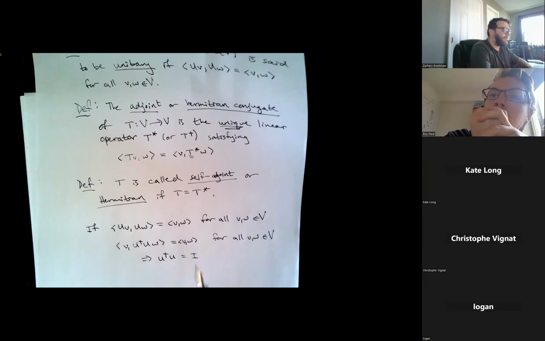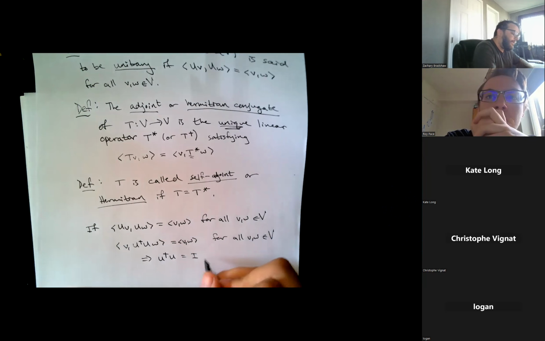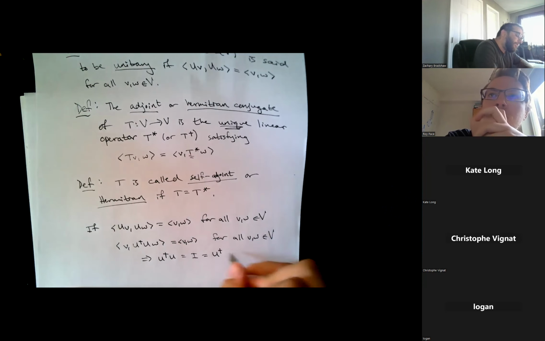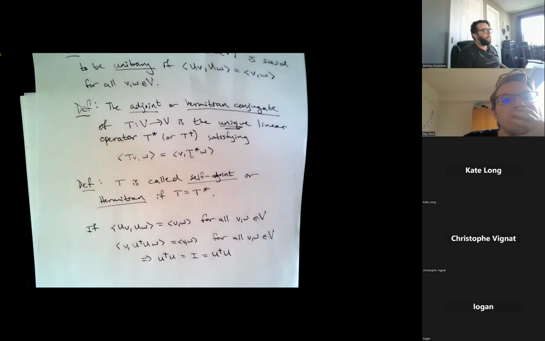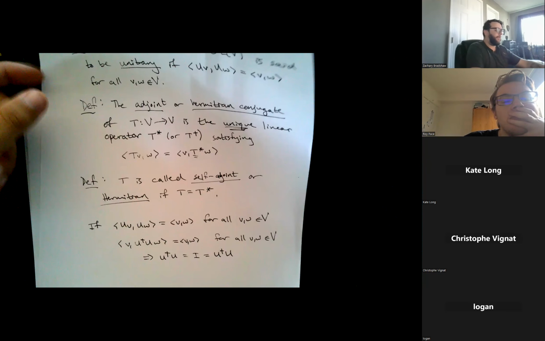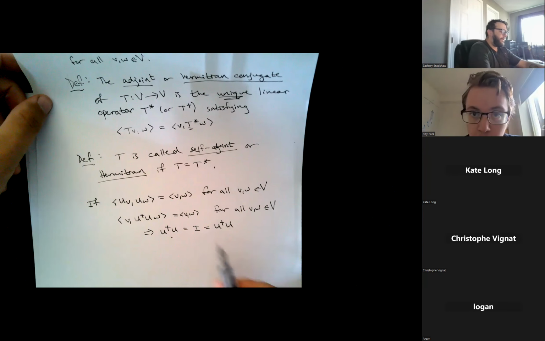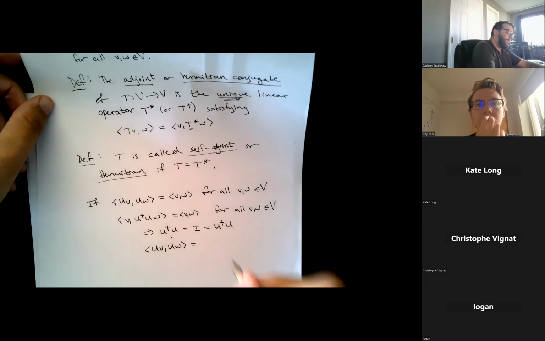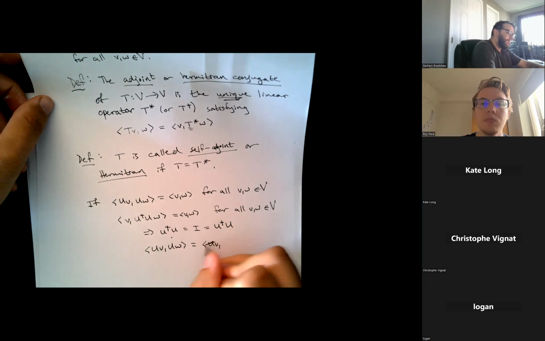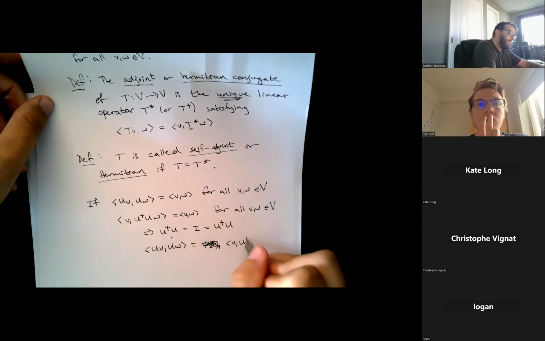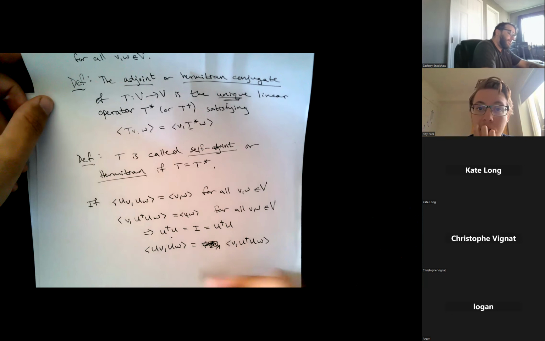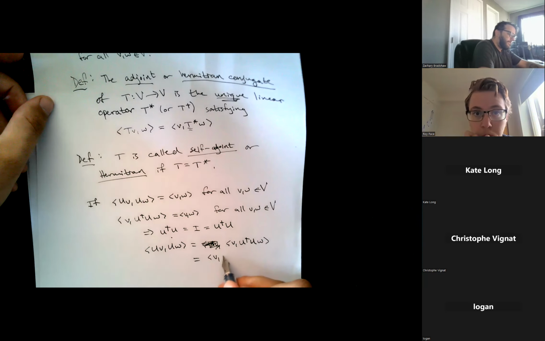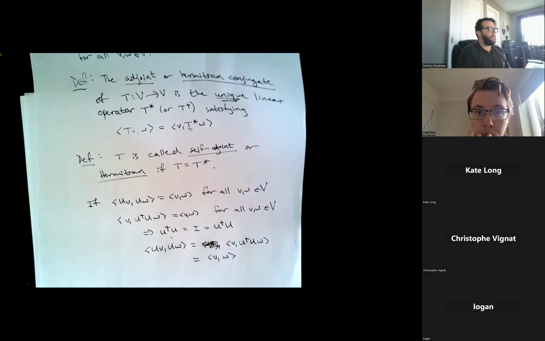And you can do this in a similar way: you would move the U over to this side, and that'll give you the other direction as well. Now, the reverse direction is even easier. If you have this property, then the inner product of UV with UW is equal to the inner product of V with U dagger U W, and then that's the identity, and you're done. So these things are in fact equivalent to each other.